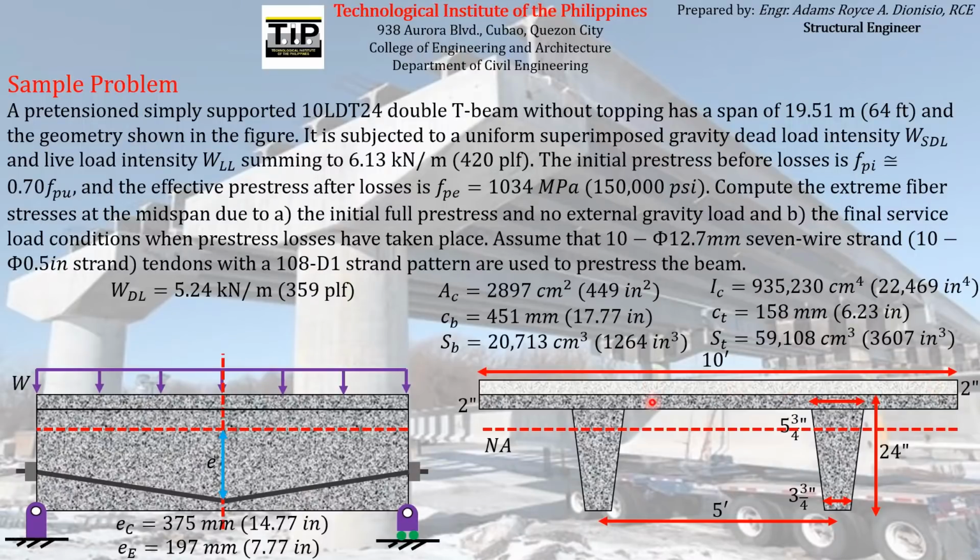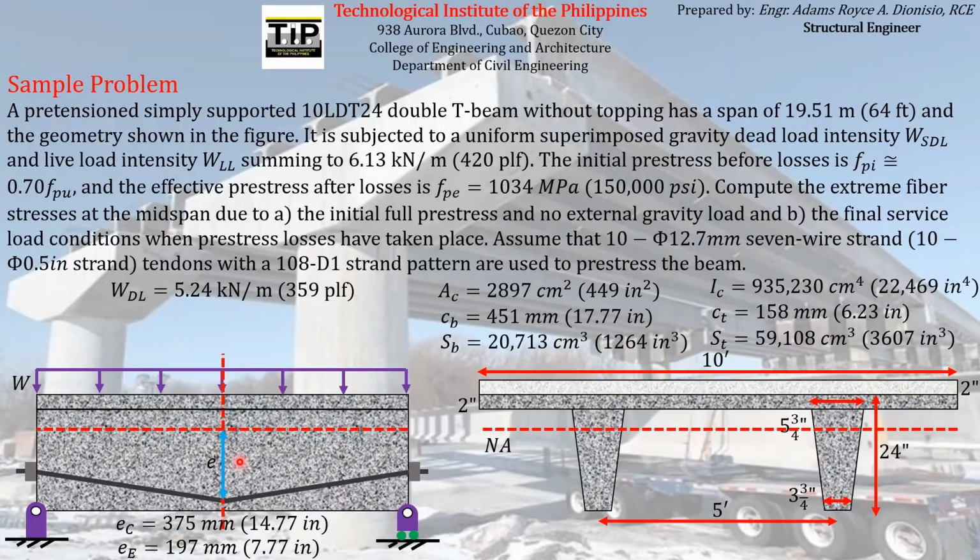So that is where the superimposed gravity dead load, WSDL, came from: the topping. And the live load came from the occupants that are intended to be supported by this concrete element.